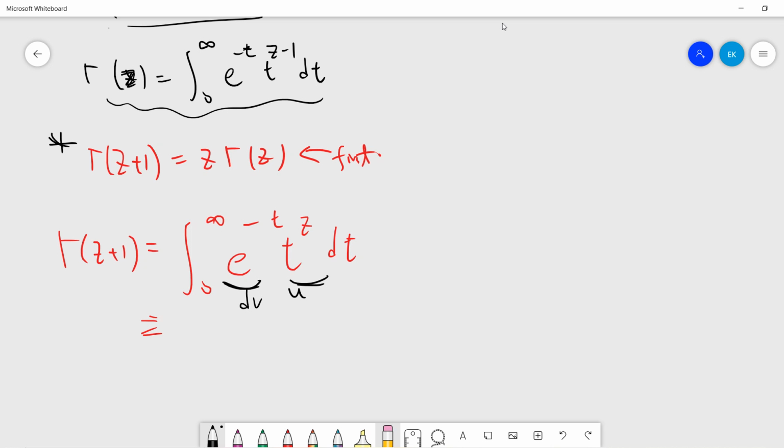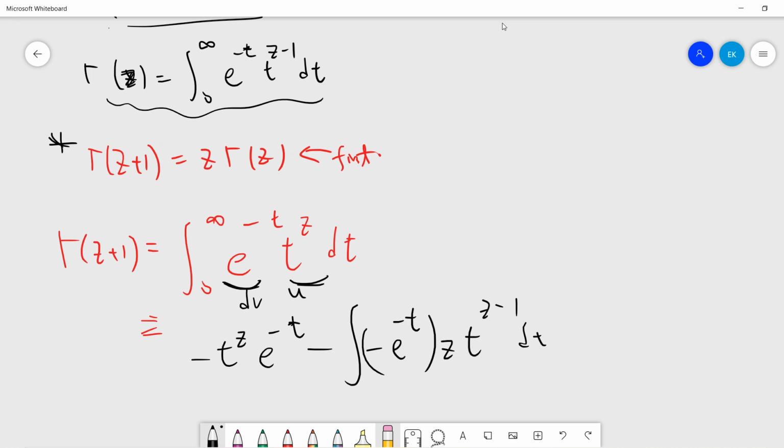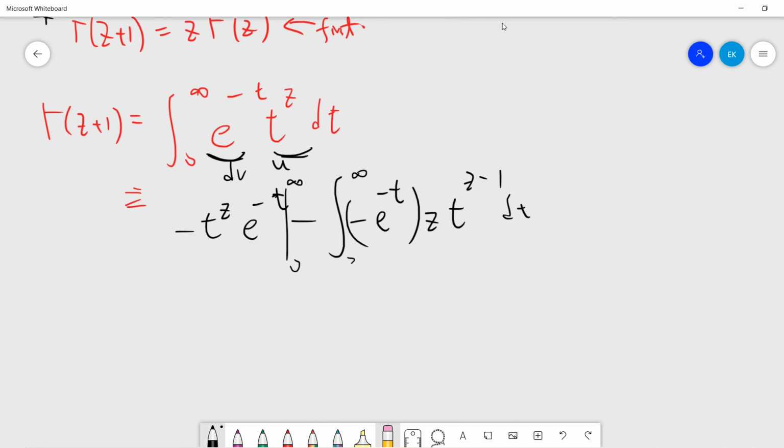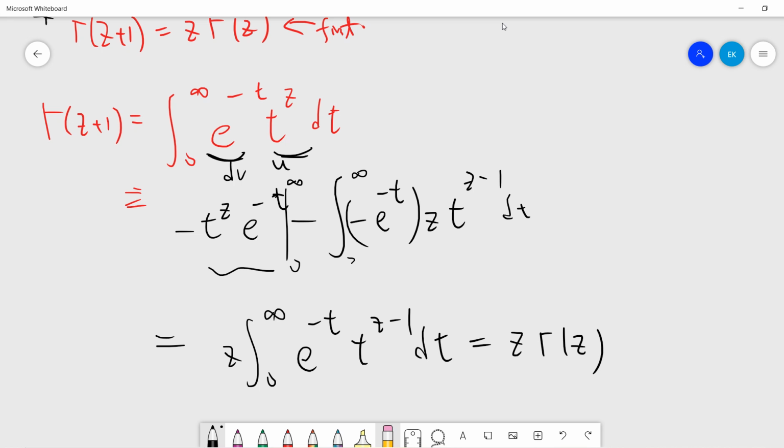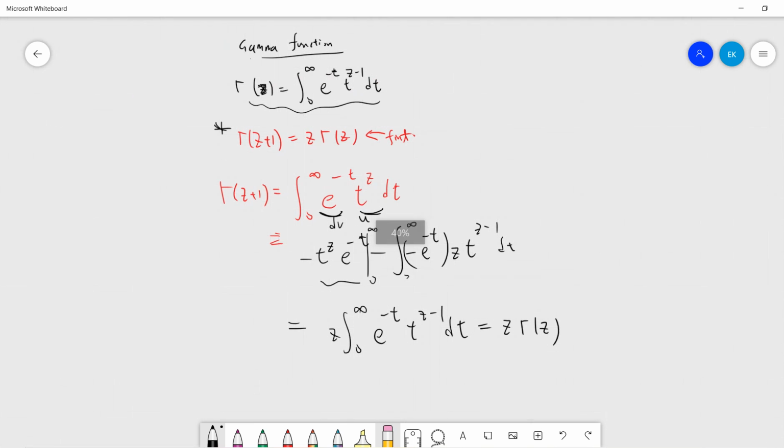So we get u times v minus the integral of v du, where du is this. The boundary term is 0. So you get the integral from 0 to infinity of e to the minus t, z t to the z minus 1 dt. So this is z gamma z.